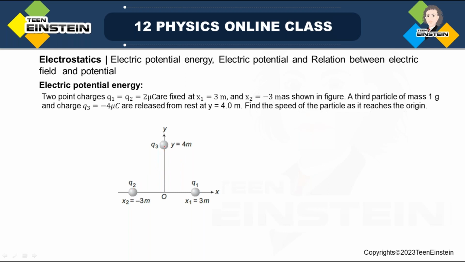These points are symmetrically situated with respect to the third charge Q3. So there will be forces like this, and this resultant will be acting towards the origin. So you need to find out the speed when the particle reaches here.